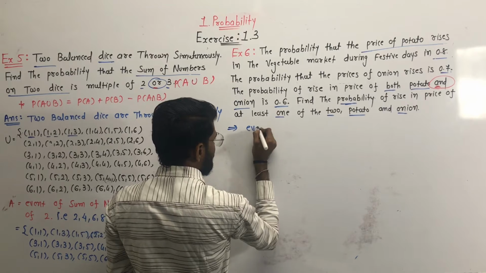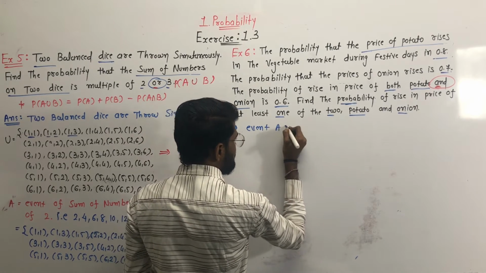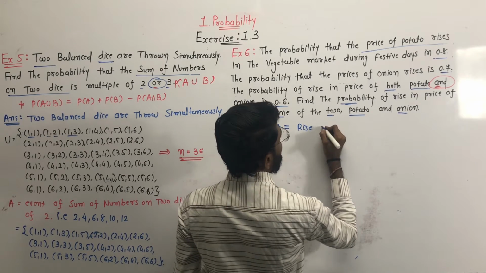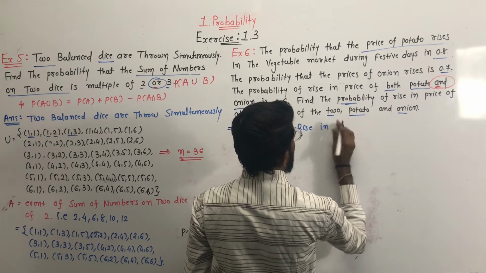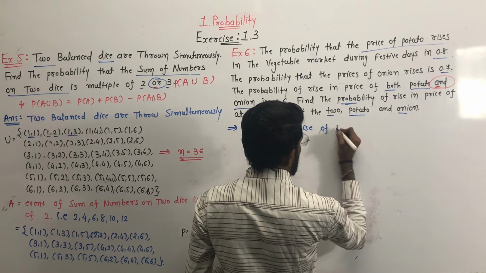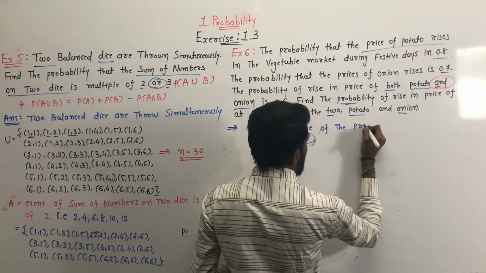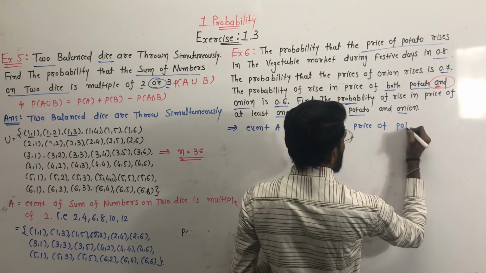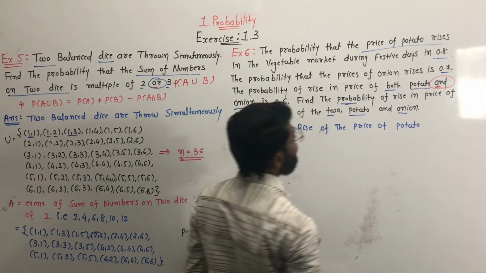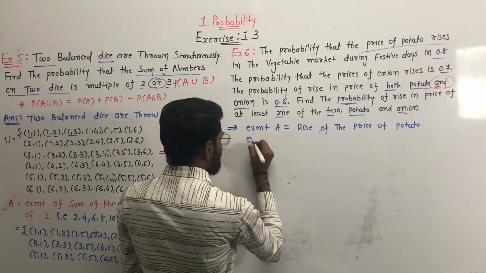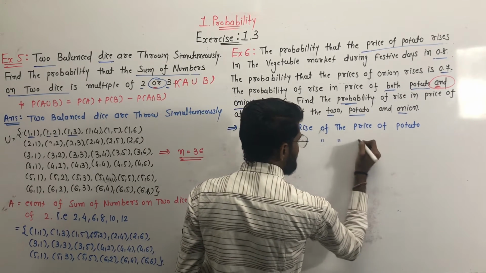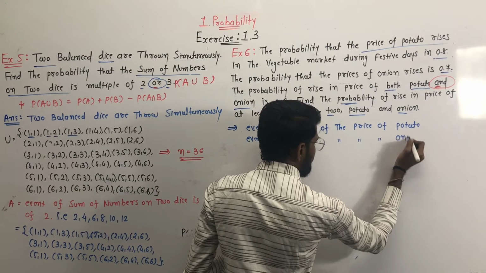Event A is the rise in the price of potato. Clear? Okay. And event B is the rise of the price of onion.